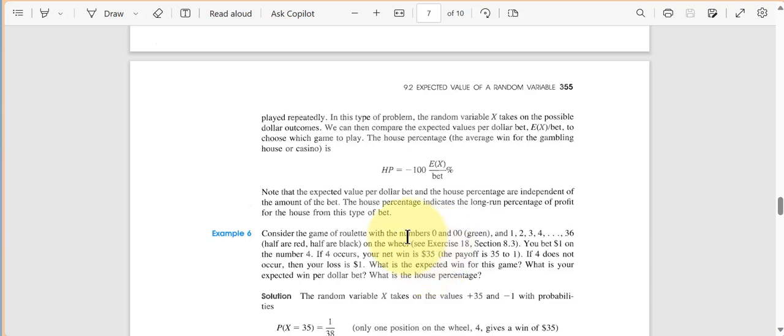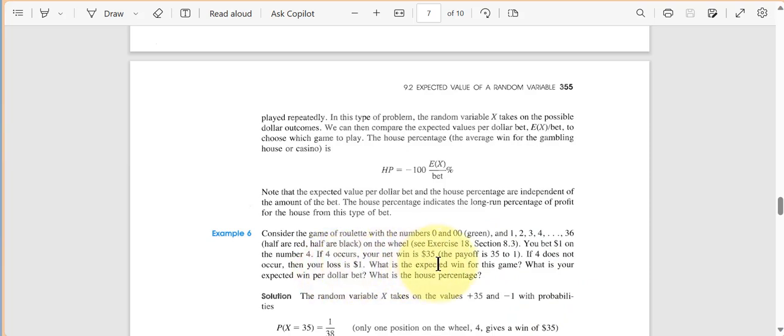So in other words, you get $36, but you put down $1. So your net win is 35. So your net win is $35 if you bet $1 on 4, and it lands on 4. If 4 doesn't occur, then your loss is $1.